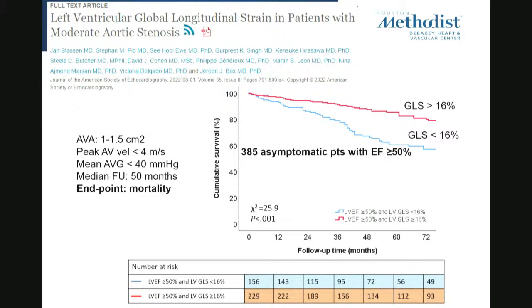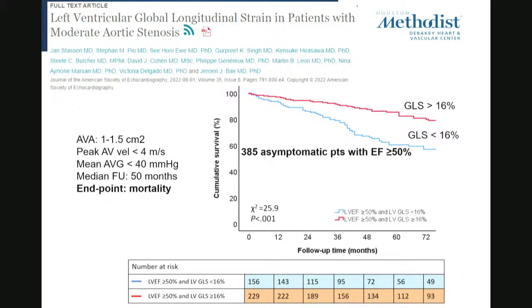So we take a closer look at the asymptomatic group. So here is everybody together, but this is now specifically looking at, within the same 700 plus patients, the asymptomatic patients, happy patients with moderate AS. And again, very significant outcome with a GLS under 16%.